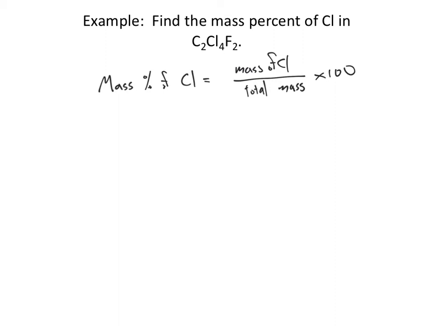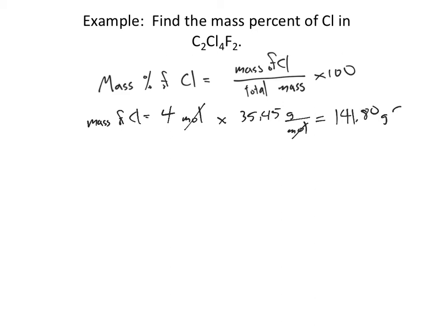So for the mass of Cl, I'm going to use moles, so I'm going to use the molar mass. So if we have 1 mole of the compound, we'll have 4 moles of chlorine. So 4 moles times 35.45 grams per mole. If I have 1 mole of the compound, I'll have 141.80 grams of chlorine.